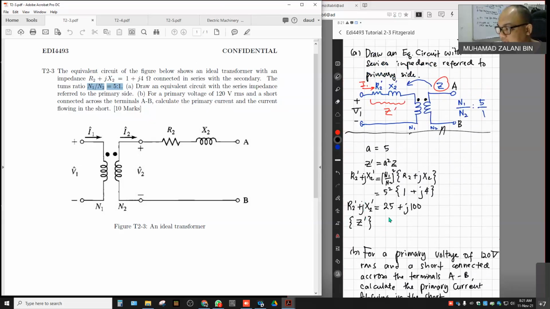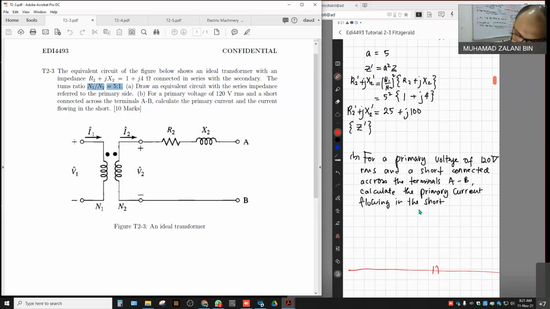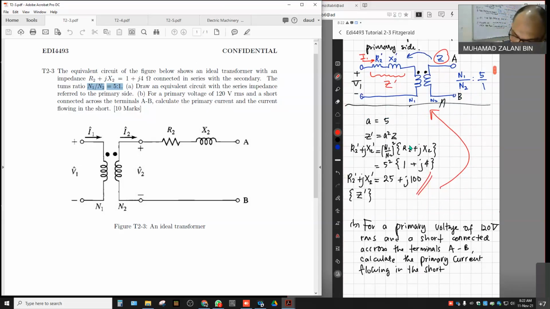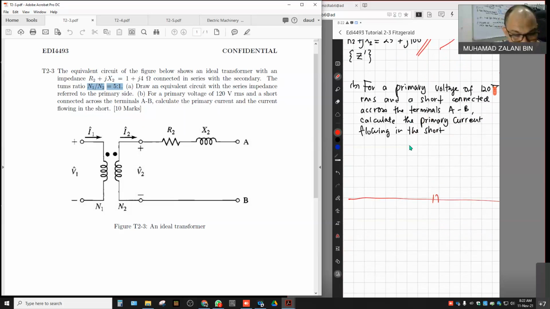R2 prime is 25, X2 prime is 100. Just write that. And actually you can just redraw this, ataupun just substitute the values that we have calculated.